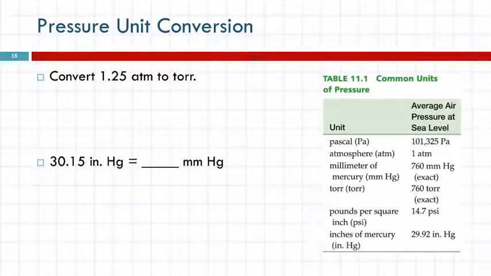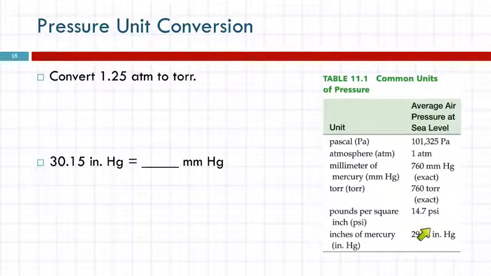So we should be able to convert pressure units just using dimensional analysis like we've done with other units. So if we need to convert 1.25 atmospheres to torr, any pressure conversions can be done in one step because of how this table is set up.